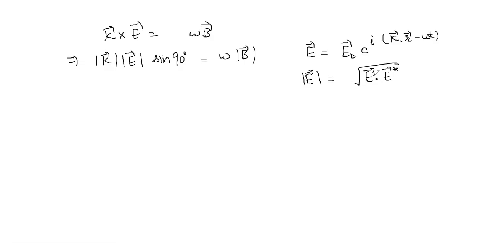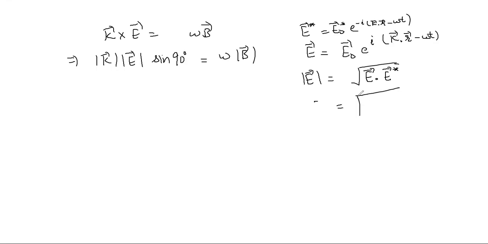This is how you calculate the modulus of vectors. You might already know this form. So if this is your E, then your E star, let me write that here itself, would be equal to E0 star e raised to power iota, which would become minus (K dot R minus omega t).